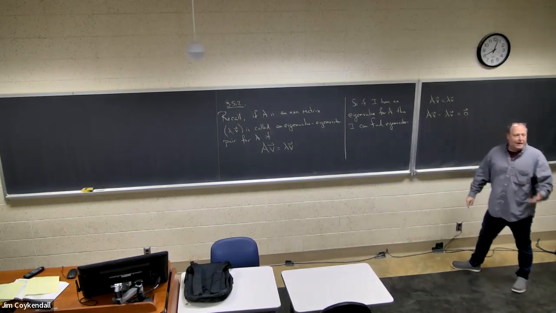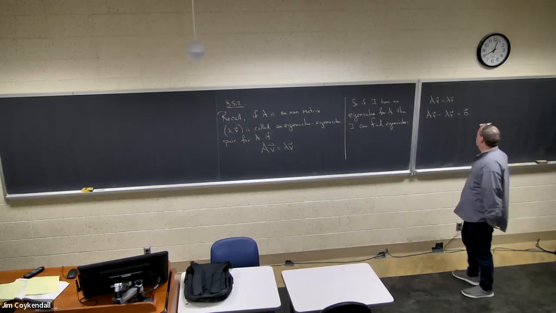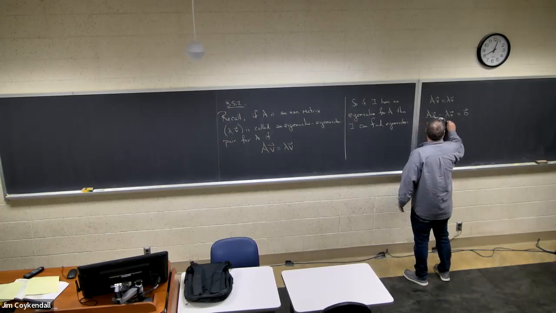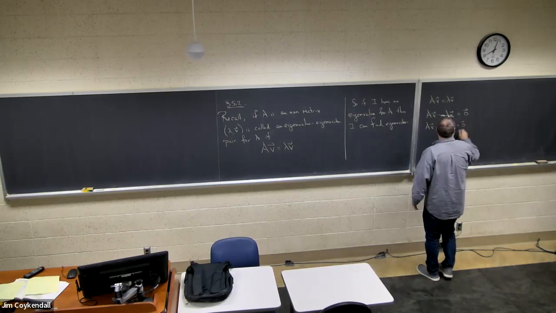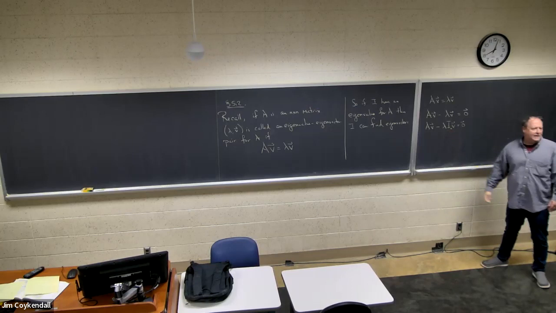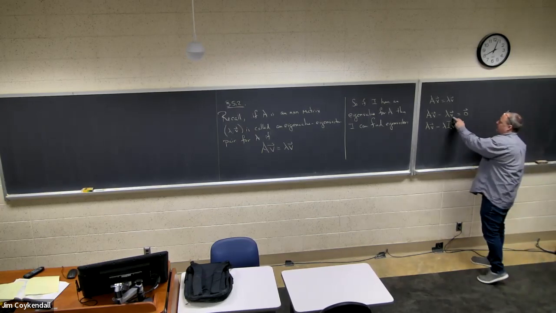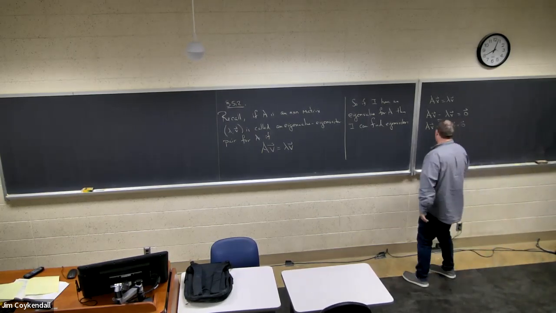That means that AB minus lambda B is equal to the zero vector. And I can massage it a little bit further. I can slip in the n by n identity. There's no harm, because B is the same thing as I times B, but this allows me to factor things out.